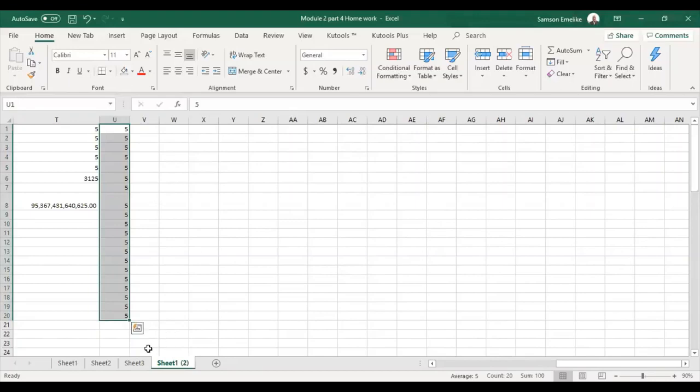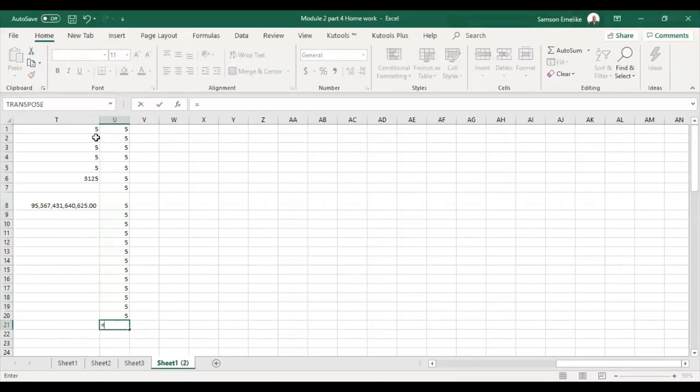The traditional way would have been to say equals this times this. If somebody can time me, you will know how long it is going to take me typing this individually, and it becomes tedious.